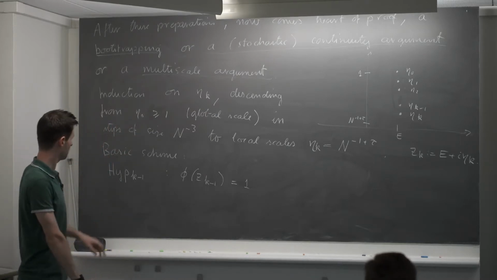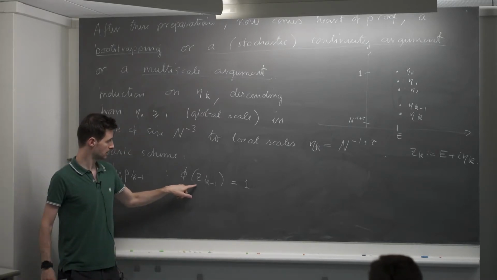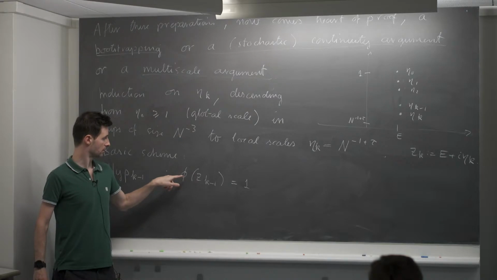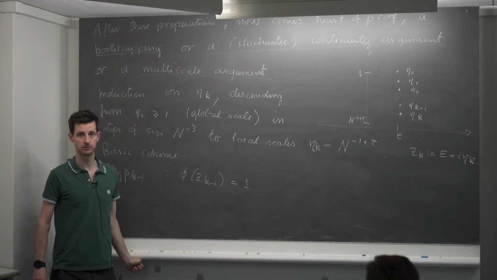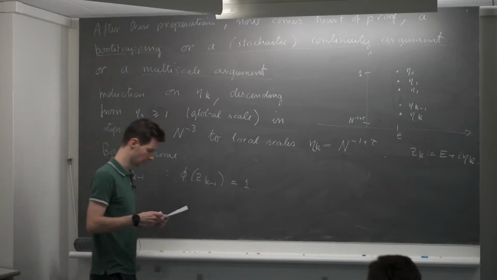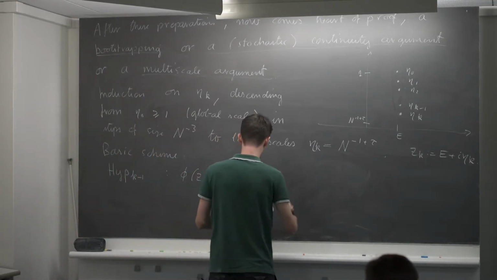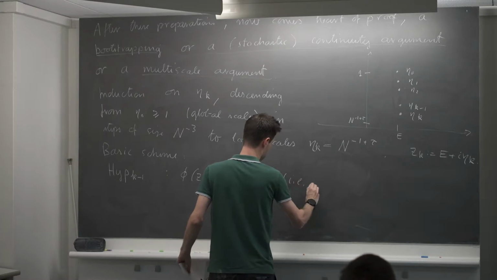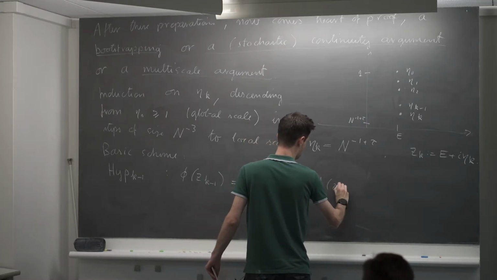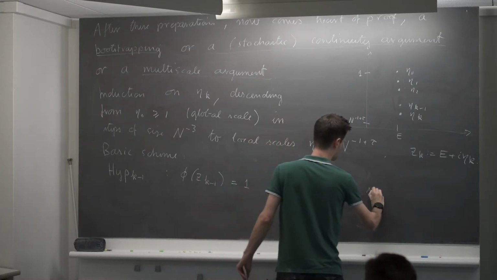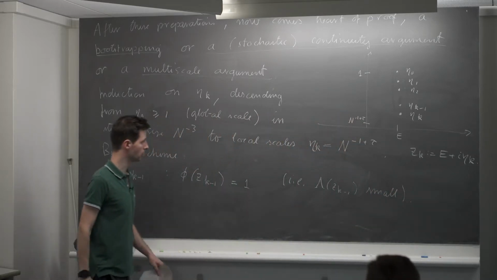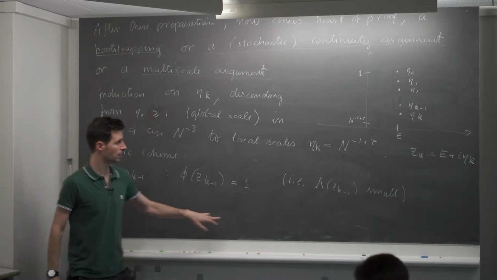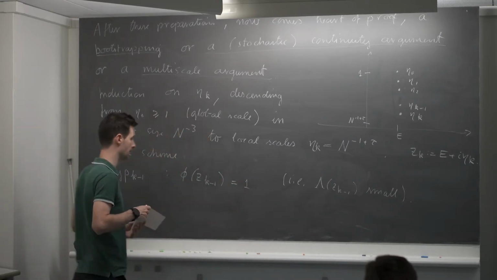And the hypothesis is that this indicator function phi at z k minus 1 is equal to 1. That's going to be my hypothesis. And you can view this as small, but small in a weak sense. If you recall, the smallness requirement here was not particularly strong.